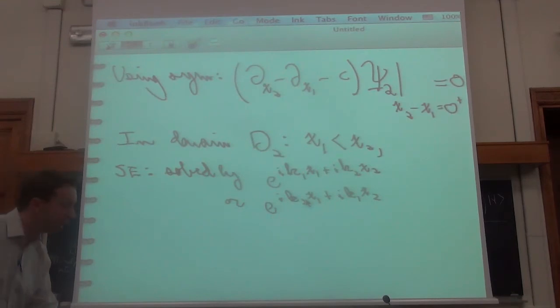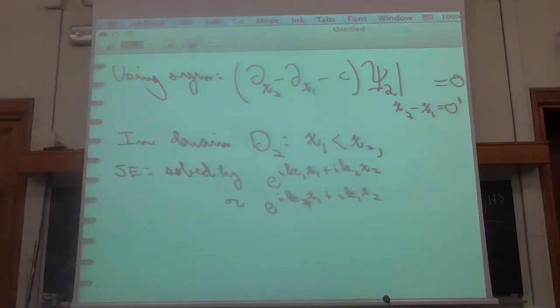Now when we want to solve the Schrödinger equation for all coordinates x1 and x2, we can solve it in this domain D2, complemented by the boundary conditions defined by the cusp condition written above. If we have that, then we have the wave function in the whole domain, because we can extend this fundamental domain D2 by the symmetry of the bosonic wave function into the other domains.